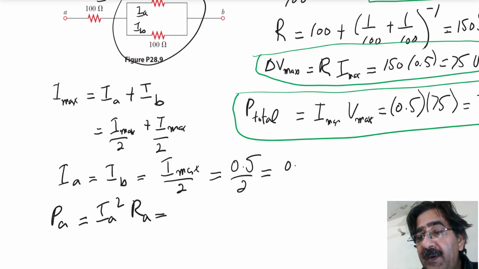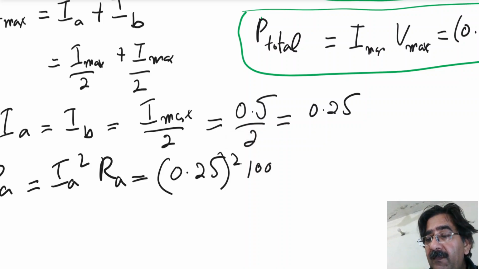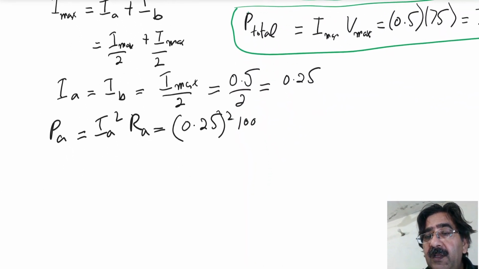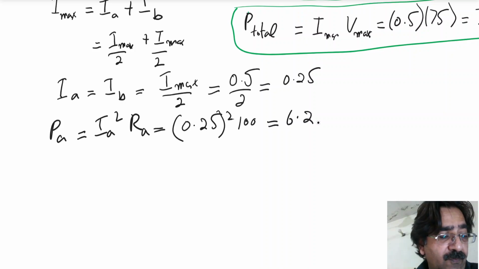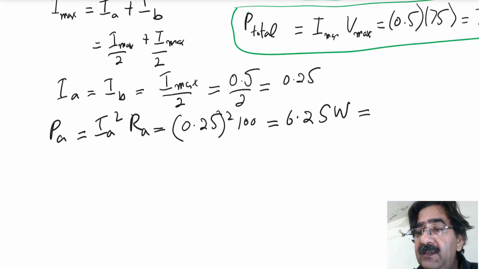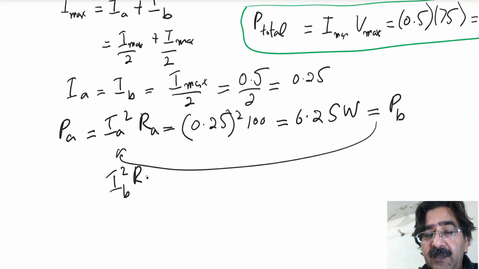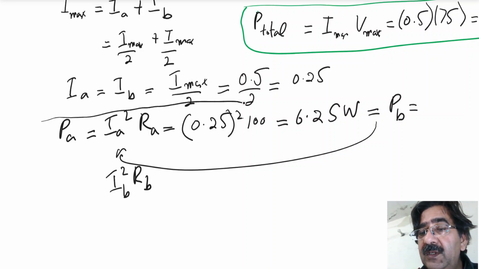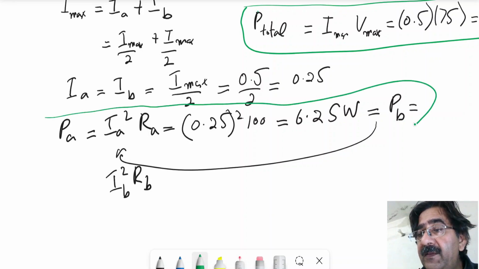So 0.25 squared times RA, which is 100. When we calculate it with the calculator, this will be 6.25 watts, and that will be the same for the power delivered at B, because IA and IB are the same.